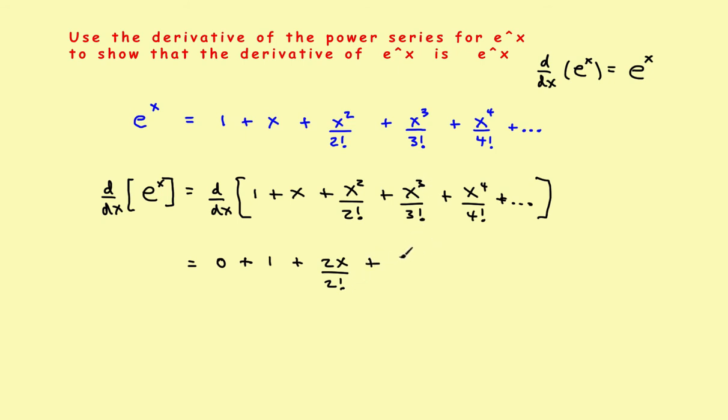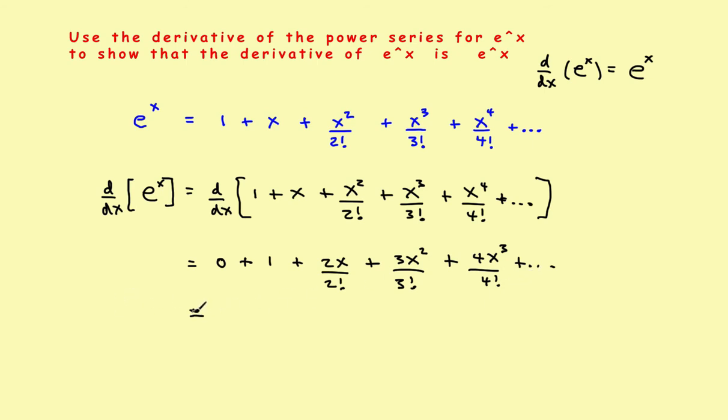The derivative of x cubed would be 3x squared divided by 3 factorial. And we'll stick one more. This one would be 4x cubed divided by 4 factorial plus and so on. So that's going to give you the derivatives.